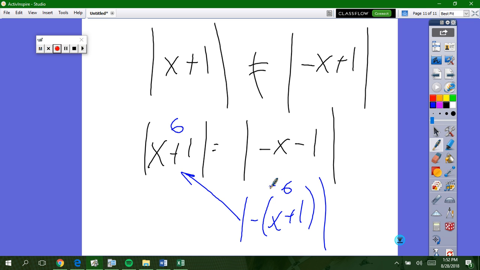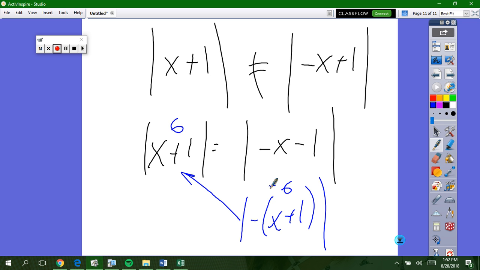Let's plug 6 in here. What's 6 plus 1? 7. 6 plus 1? 7 with a negative out here, -7. Absolute value of 7 and absolute value of -7, are they the same? Let's do -6. -6 plus 1? -5. No. So that's a key thing, guys.